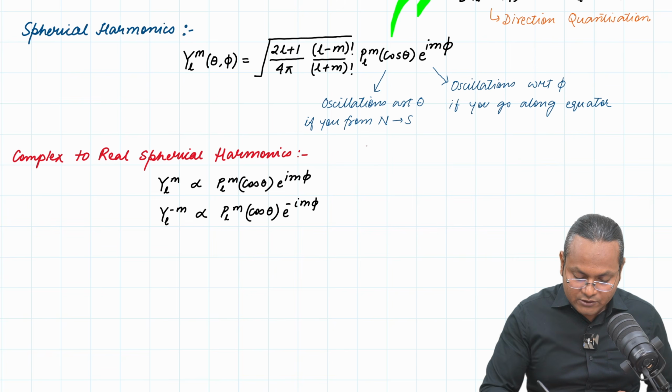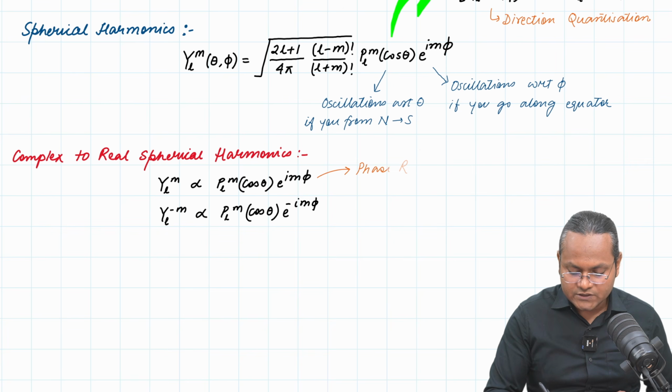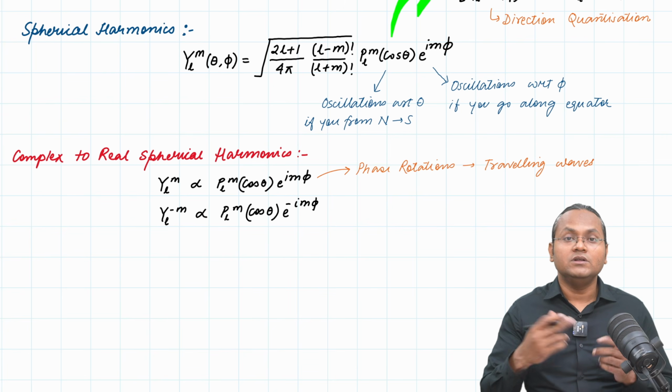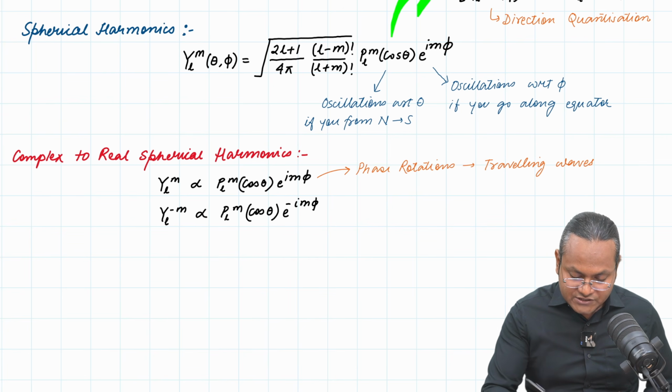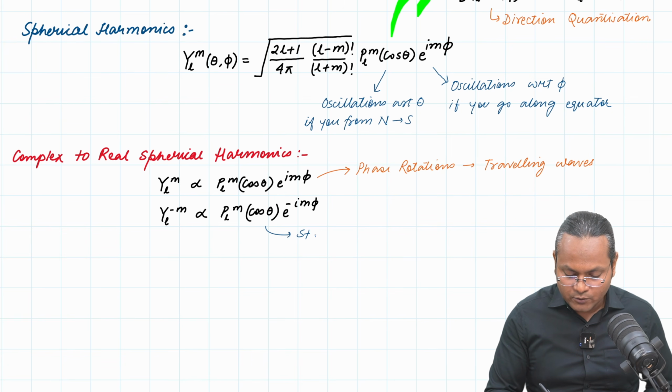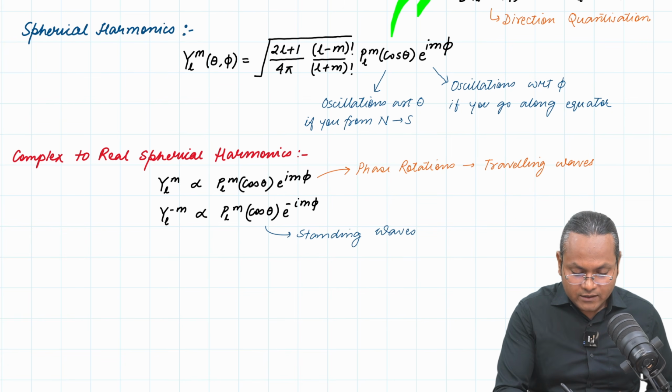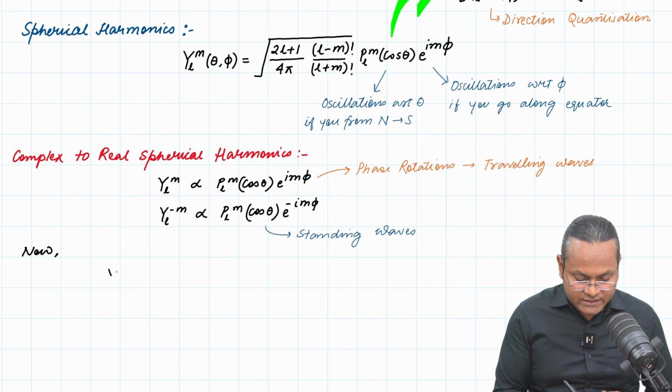These e^(±i m phi) terms represent the phase rotations that we saw in the earlier plot, and they essentially represent nothing but traveling waves that are effectively rotating about the z-axis, while the Legendre functions represent the standing waves that we saw. To get real spherical harmonics, we take linear combinations of both of them.